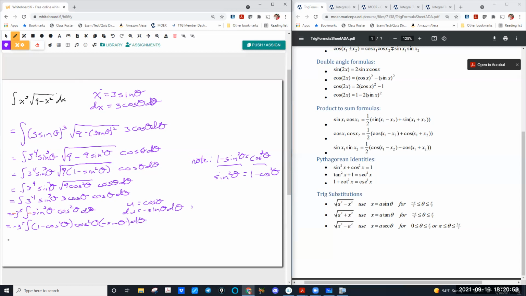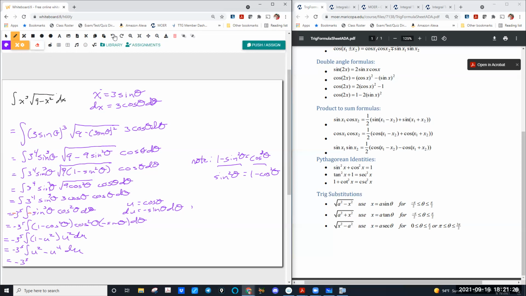Now we can get this in terms of u: negative 3 to the 5th, 1 minus u squared times u squared, and that is exactly our du. We'll distribute the u squared like we did before. Minus 3 to the 5th, u squared minus u to the 4th, du.